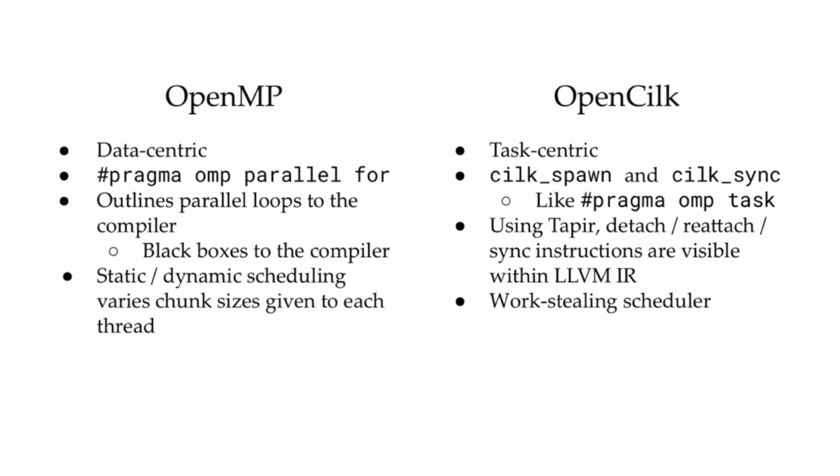So it's able to optimize those code blocks a lot more, whereas that's all a black box to the OpenMP compiler. Additionally, there's a difference in how the scheduling works. There's static and dynamic scheduling, where all that's doing in OpenMP is varying the chunk sizes given to each thread. Whereas in OpenCilk, they use a work stealing scheduler, which I'll dive into more in the next slide.